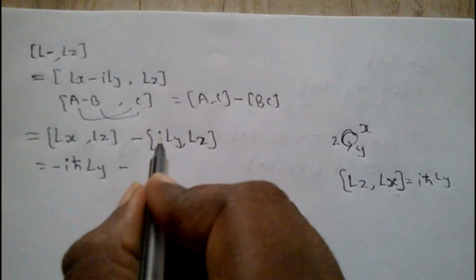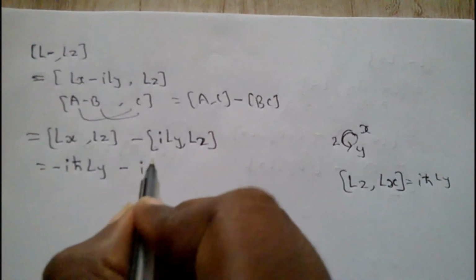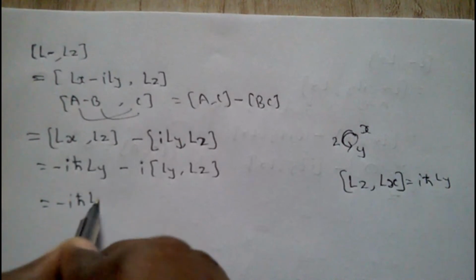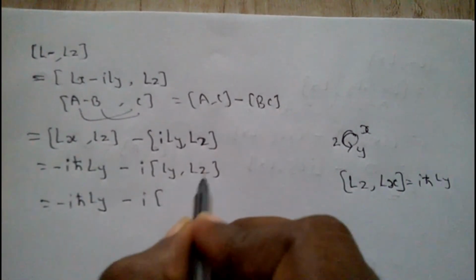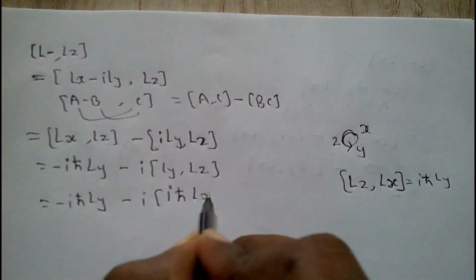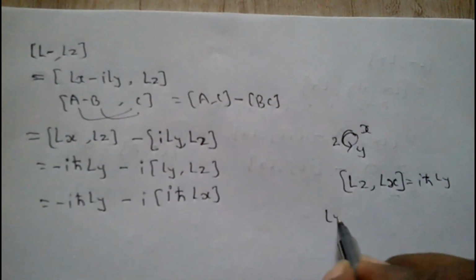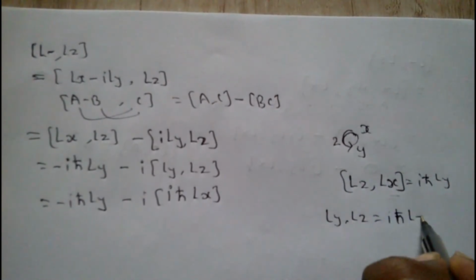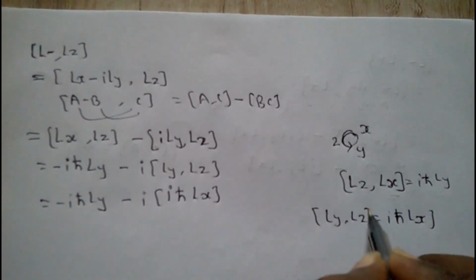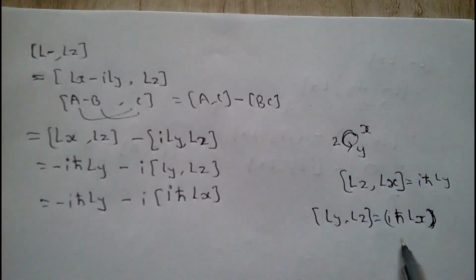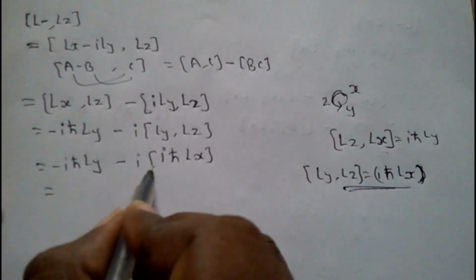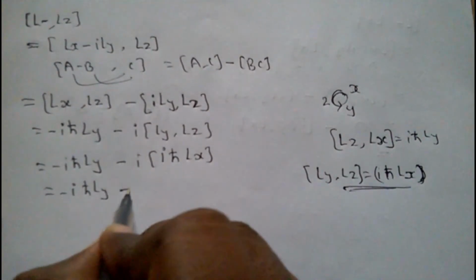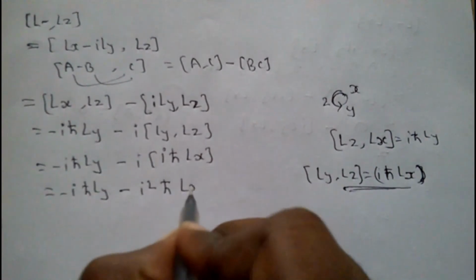Now i is common, this i is a constant, so we remove it outside: Ly Lz equal to minus i h cross Ly minus i Ly Lz will be i h cross Lx. We know the value of Ly Lz is i h cross Lx. So minus i h cross Ly minus i square h cross Lx.